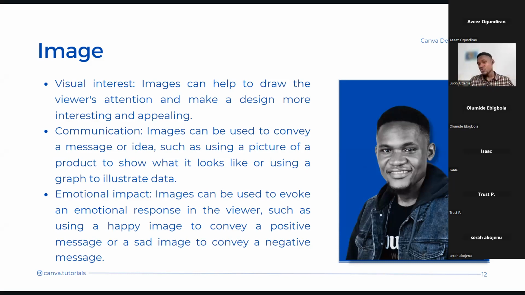There are a whole lot of uses for images, and there's one brand, Coca-Cola, that uses images a lot. I won't say it's the most important, but it's so important. Another thing I'll talk about is using images that have good quality.